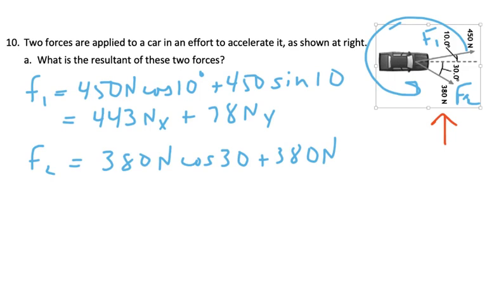So 380 newtons times sine, because we're talking about the y component, of negative 30. And actually, you could put negative 30 in here, too. It's not going to affect it, though. Negative 30 degrees. So when you go through and do the math, you end up with 329 newtons in the x direction, and then you end up with a negative 190 newtons in the y direction.